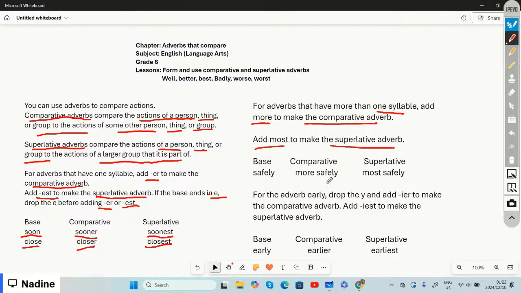Because remember, comparative adverbs compare the action of a person, thing, or group to the action of another person, thing, or group. But the superlative adverb compares the action of a person, thing, or group to the action of a larger group that is part of it.